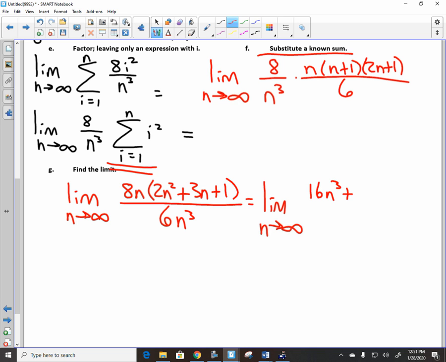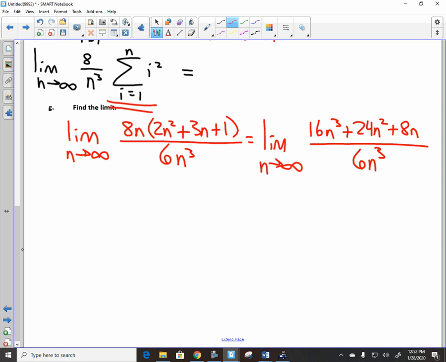Plus, all over. Hey, did we once upon a time learn how to deal with infinite limits? Yeah, what did we do? We factored what out of the top? n cubed.